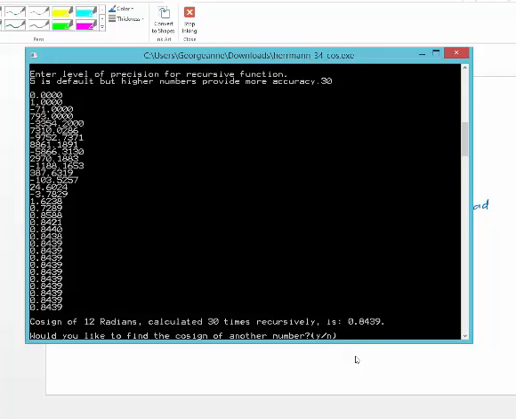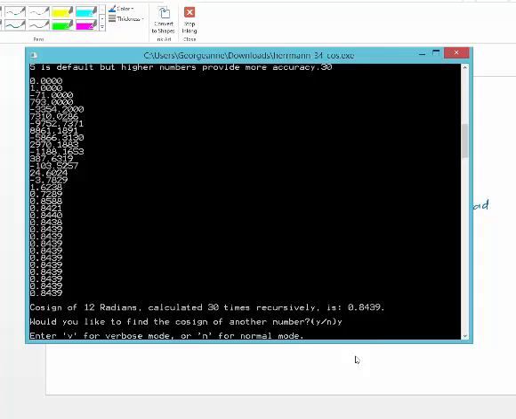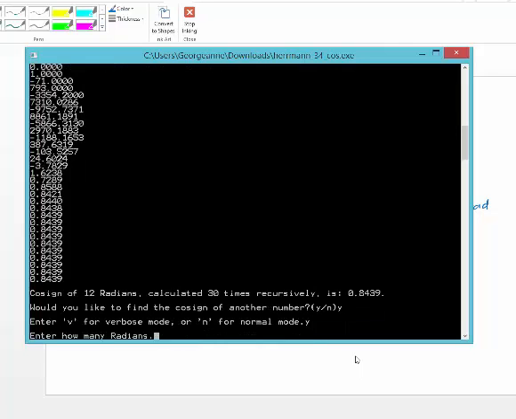He allows the user to ask if you want to print out each one of those terms in the series expansion, and he calls that the verbose mode. So I'm going to say yes, I want to be in verbose mode because I want to see each one of those terms. Enter how many radians. So let's go with a small number of radians, like say 0.2.